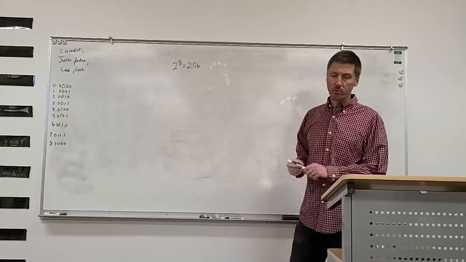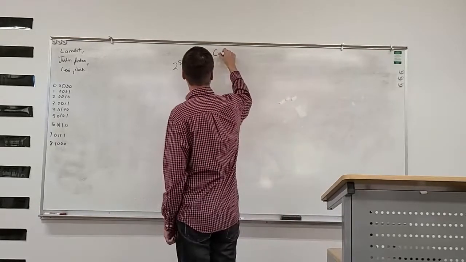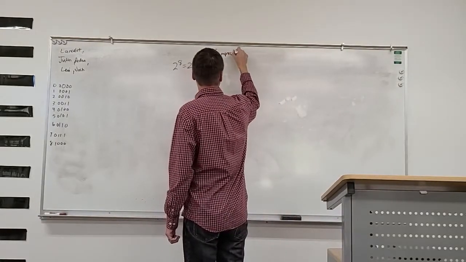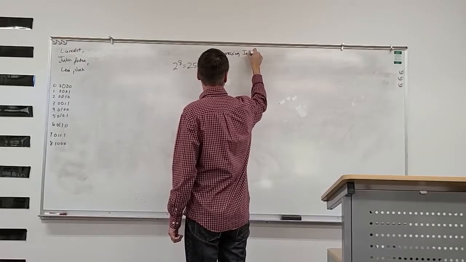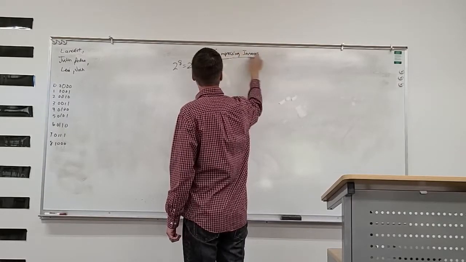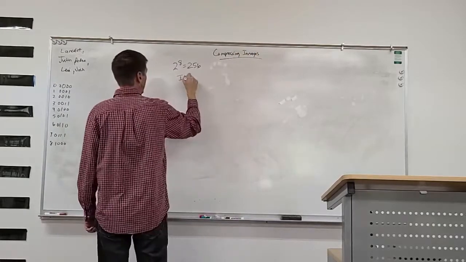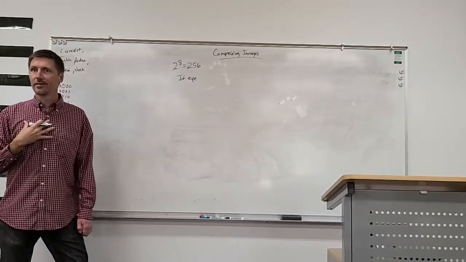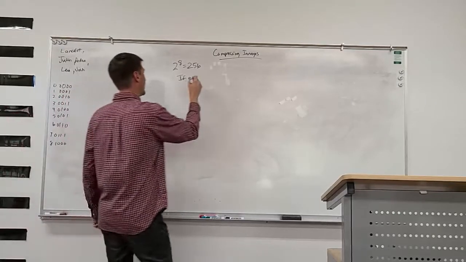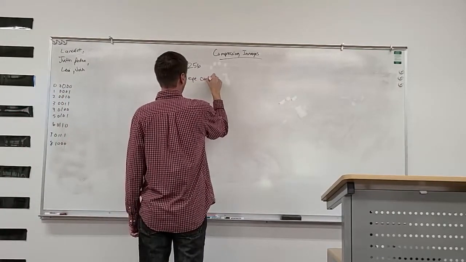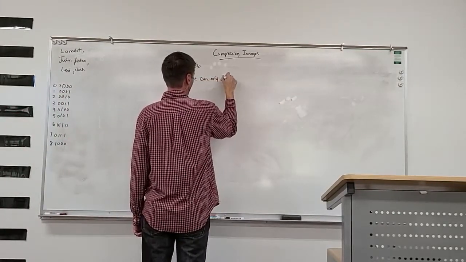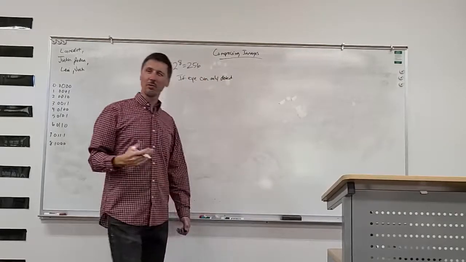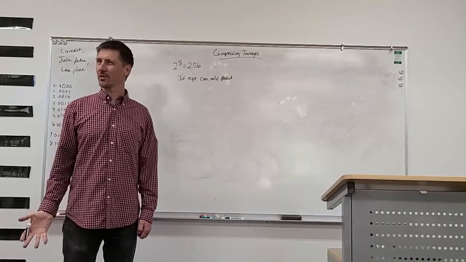So when you're compressing images, that's our topic. If I can only detect, and I'd be curious, since I'm colorblind, I wonder if I can even detect 30, or could I only detect less?